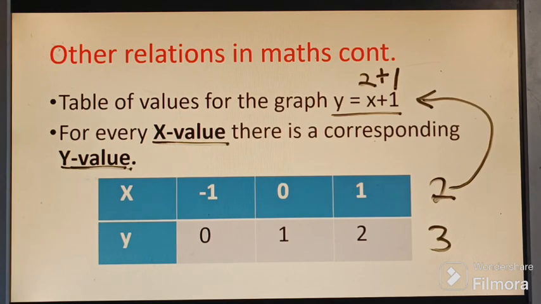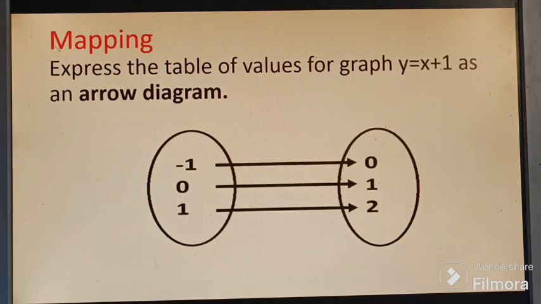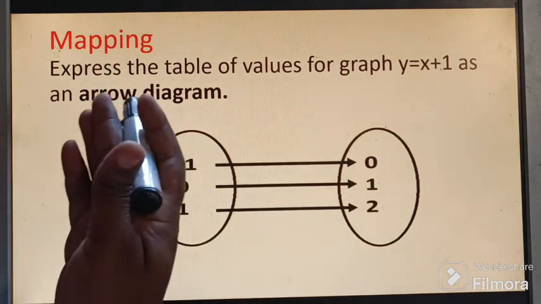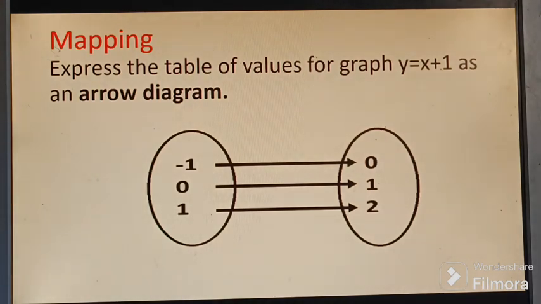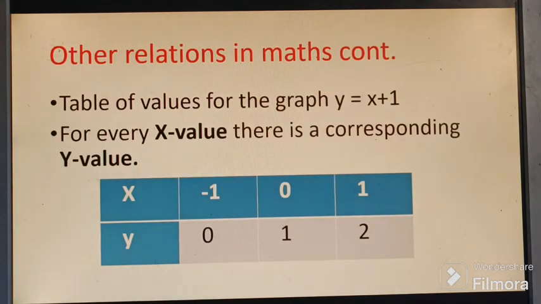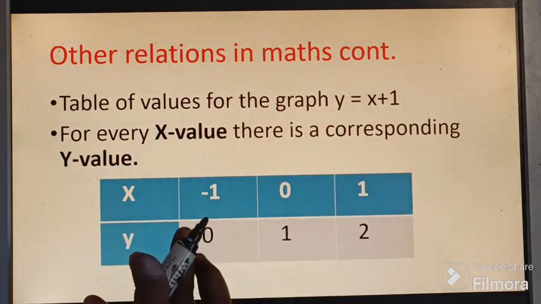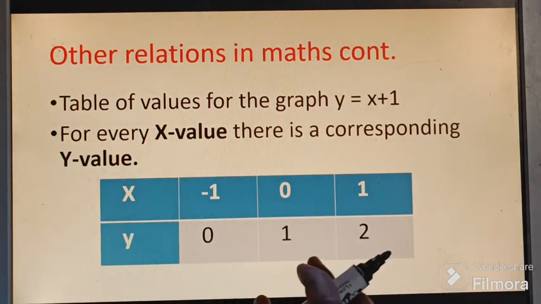Let's move on. One other term that we're going to find as we're discussing mapping and functions is the word mapping itself. What is mapping? Let's look at an example. We had this table of values.